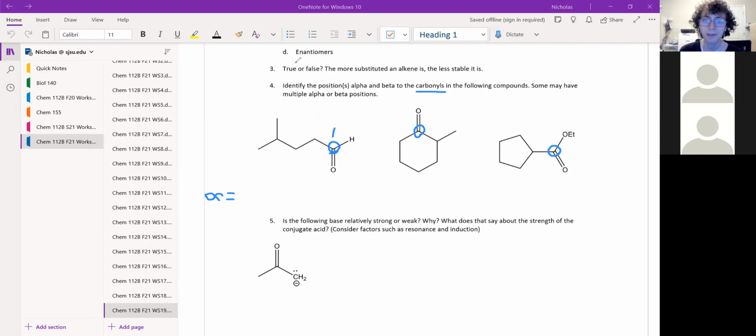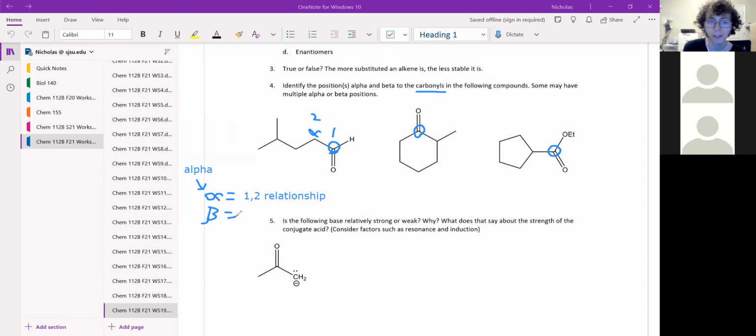You could call that a 1-2 relationship to generalize it, if you're starting with the carbonyl. And this is an alpha symbol. That's how I draw it, just so you know. So this would be alpha in this structure. It's right next to the carbonyl on carbon 2.